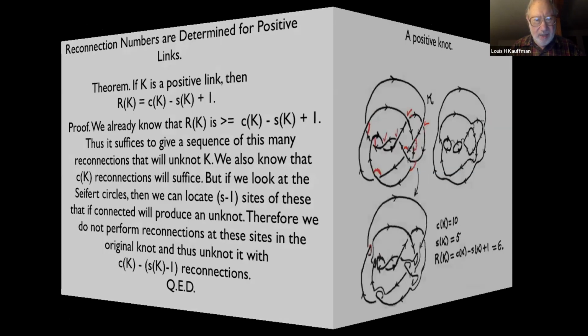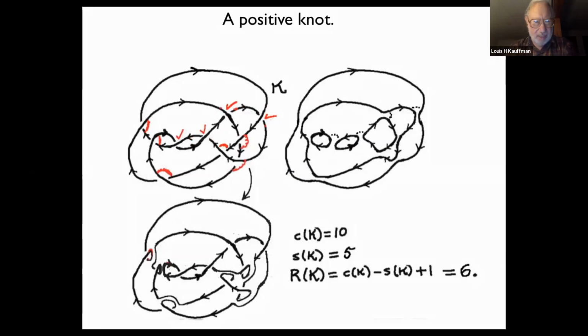And here's how you can do it in that many steps. Form the Seifert circles. Now, if you look at the Seifert circles, you see that you could chain them back together with one less than the number of Seifert circles reconnections there. I want to leave these circles connected to one another at the places where I have the dotted lines.